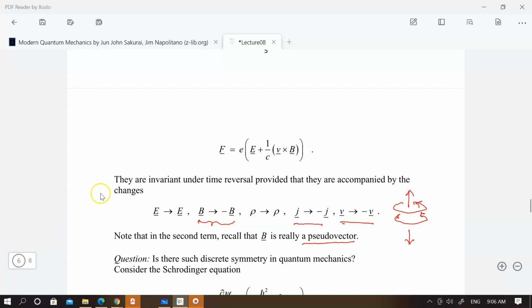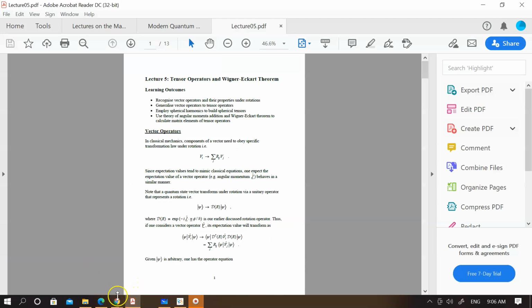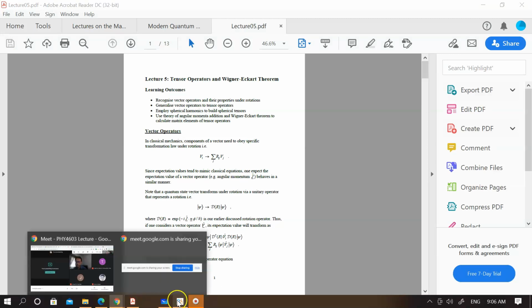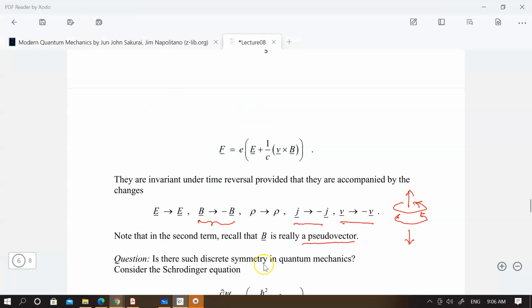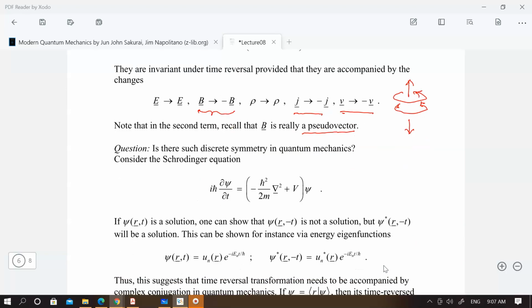Now the question is, what happens in the case of quantum mechanics? Well, in quantum mechanics, your equation of motion is given by the Schrodinger equation. So let's write it down. You have your i h bar d/dt, so this is the time dependent one.